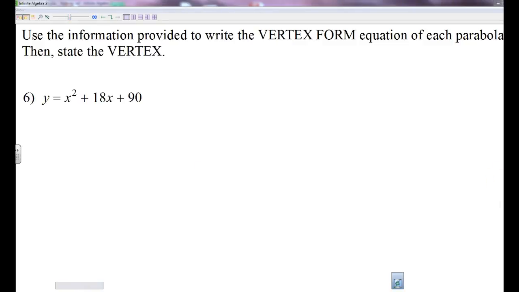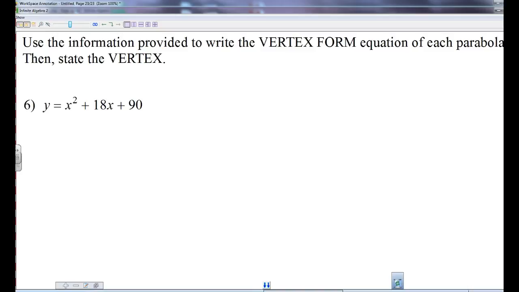All right, hopefully at this point you've done number 6 and you're ready to review and check that answer of yours. Let's do the same steps. y equals x squared plus 18, we leave a space because we're adding something, plus 90, and now we have to subtract something. So, what do we add here?